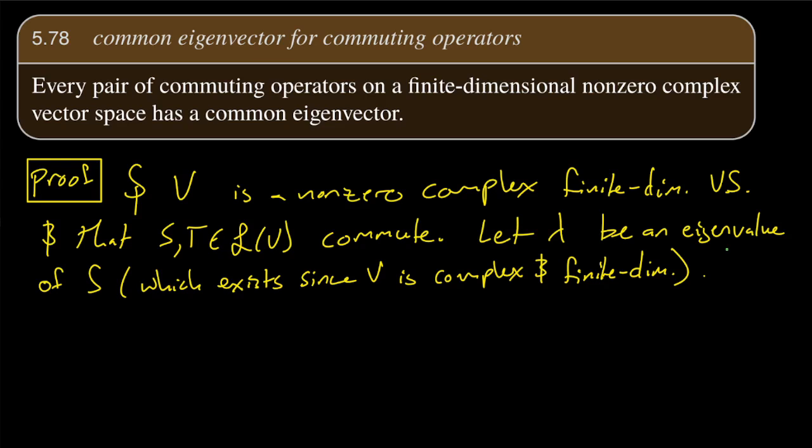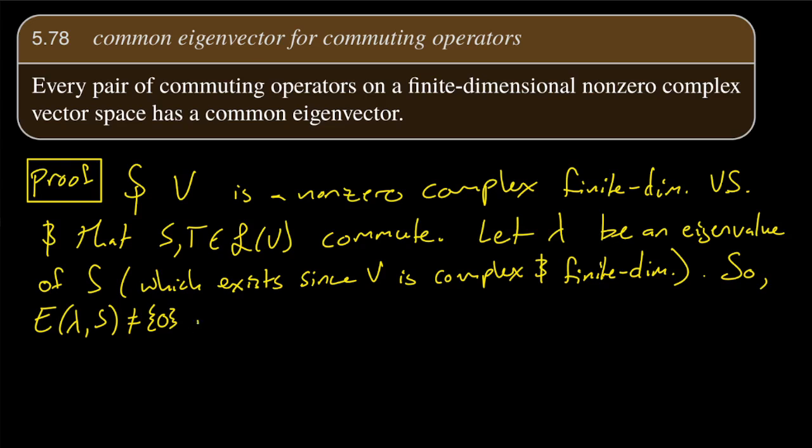Nothing like that happens in the complex plane. So S has at least one eigenvalue. All right. So E lambda S is not trivial. After all, that's what it means for lambda to be an eigenvalue, that the null space of S minus lambda I is not trivial.